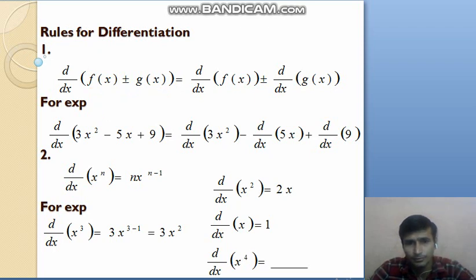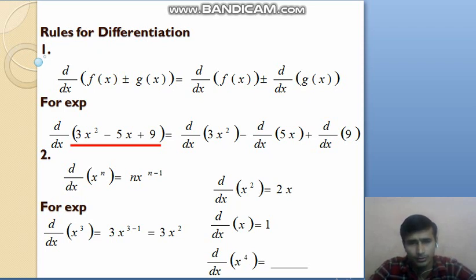For example, if we consider d by dx of 3x square minus 5x plus 9, we can write it separately, all the terms: d by dx of 3x square minus d by dx of 5x plus d by dx of 9. So differentiate all the terms separately. How we can differentiate 3x square, 5x and 9 we will see later on in this same slide, right?